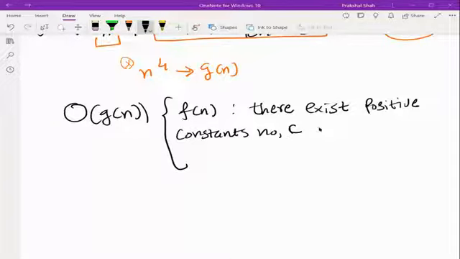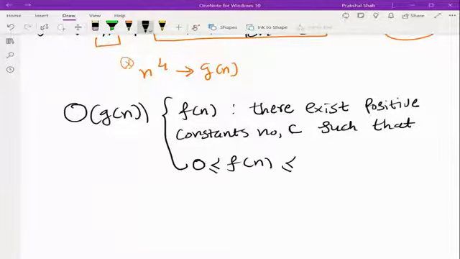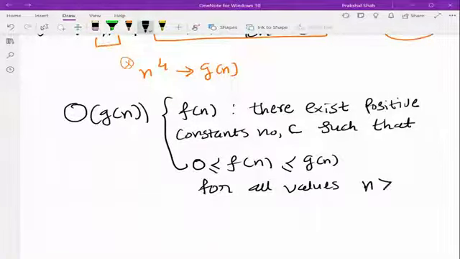such that 0 should always be less than or equal to f of n, which should always be less than or equal to c times g of n, for all values of n greater than n naught.